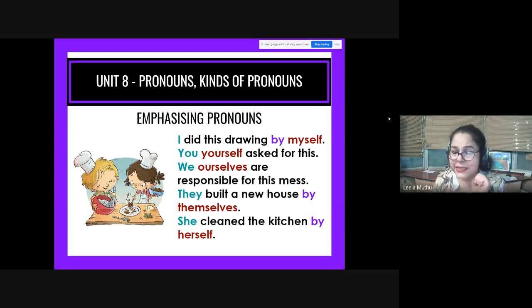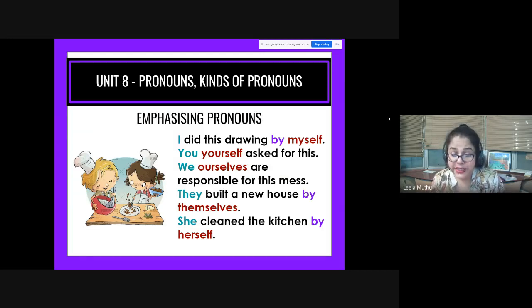Now let's look at this. They built a new house by themselves, or they built a new house themselves. So they built what? They built a house. So an action was not done to themselves. An action was done by themselves.